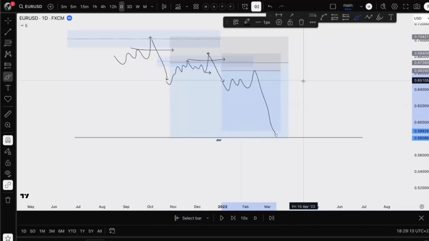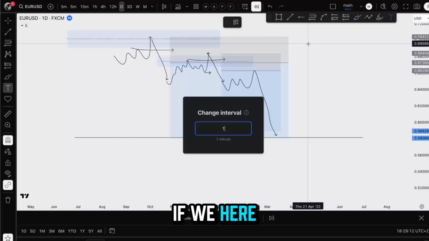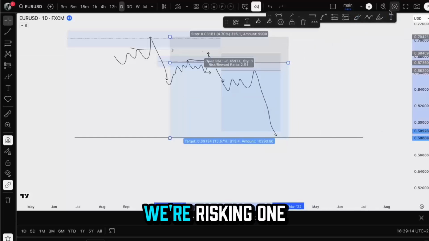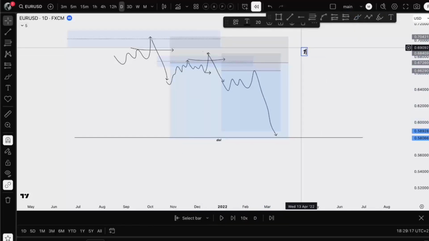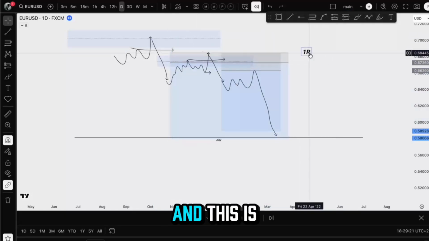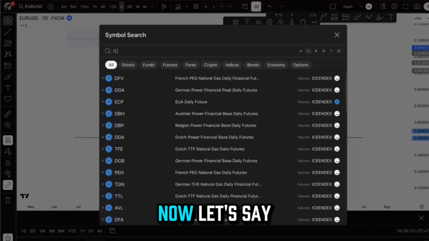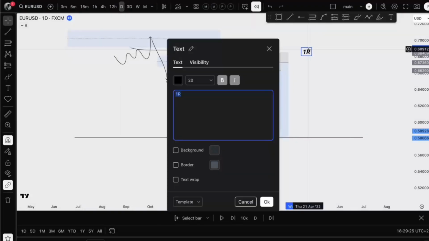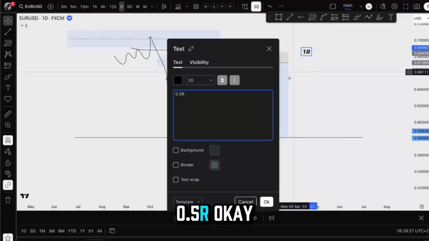Okay, if here we're risking 1R, we can move the stop loss here, and this is now, let's say, 0.5R.